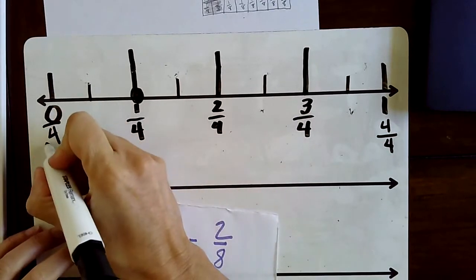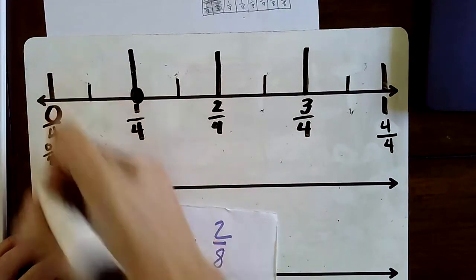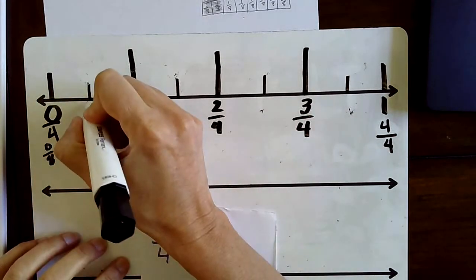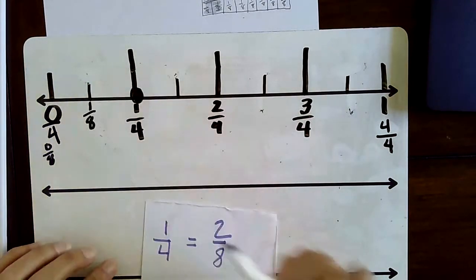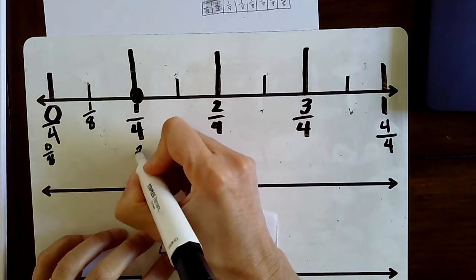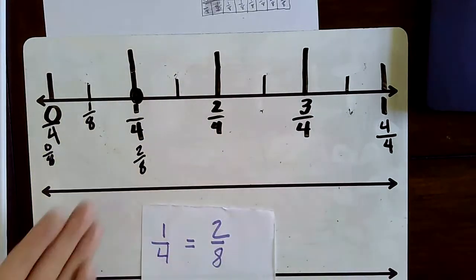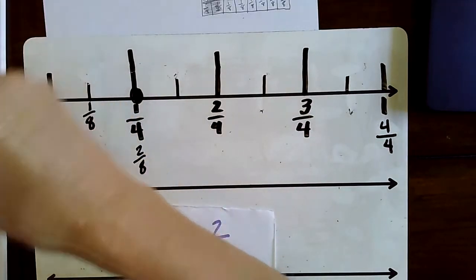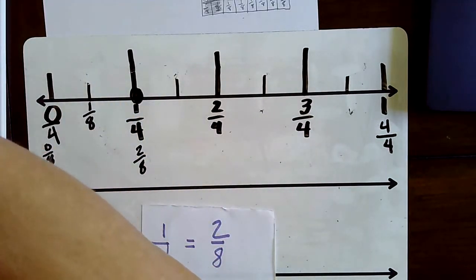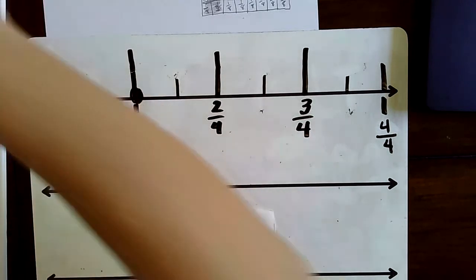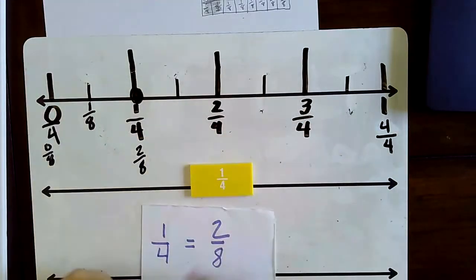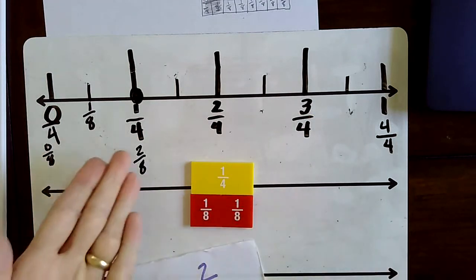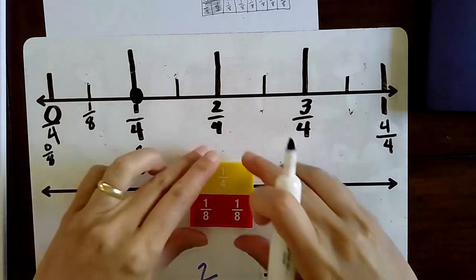Watch this. 0/8 is the same as 0/4, of course. They're both 0. Then 1/8, and then 2/8. 2/8 is the same as 1/4. Take a look. Using the tiles, 1/4, 2/8, they're the same, just like they're the same point on the number line.